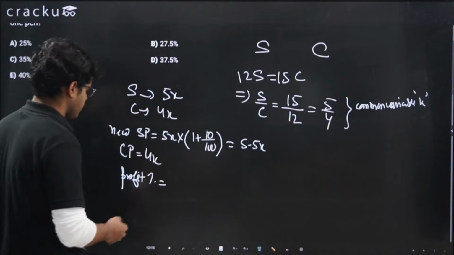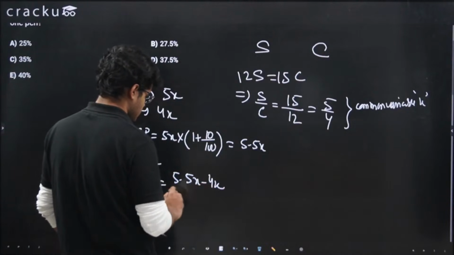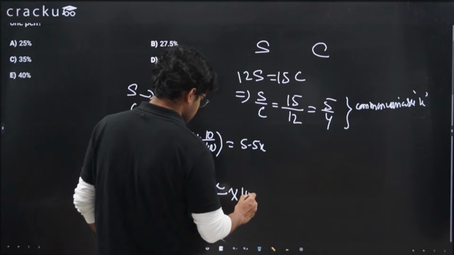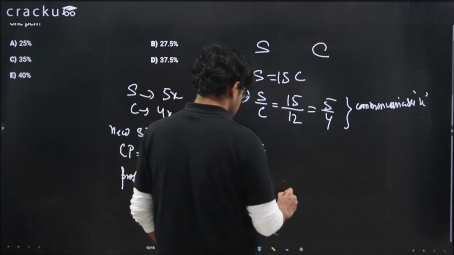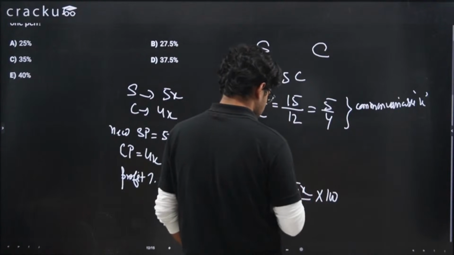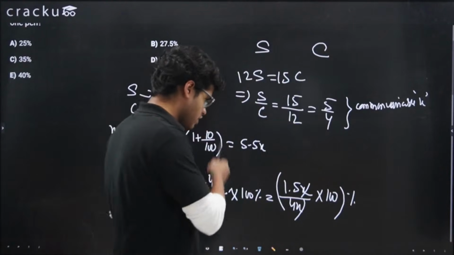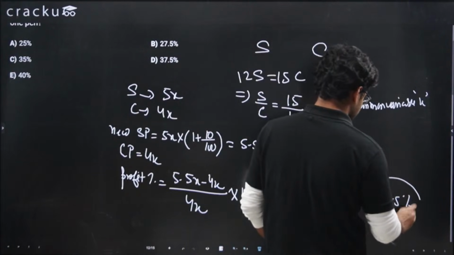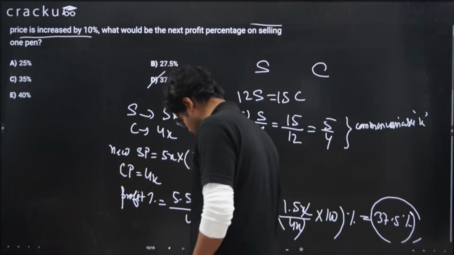Profit percentage is 5.5X minus 4X divided by cost price, so 1.5 by 4 into 100, which is 37.5 percentage. Okay, so the correct answer is option D, 37.5 percentage.